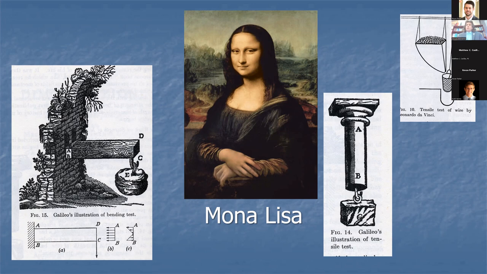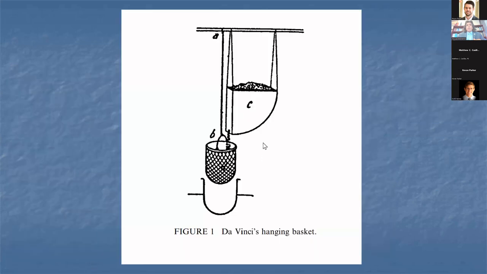But one thing that he was for sure was a civil engineer. In fact, what you see on the top right-hand side of your screen is a tension test that Leonardo da Vinci devised in order to establish the tensile capacity of wires. There is some controversy about this test, but basically he had this rope, and then there was a basket, and the weight would drop from here, and once the tensile capacity of the wire was exceeded, it would drop into this hole, and that would tell him, and he would repeat this.